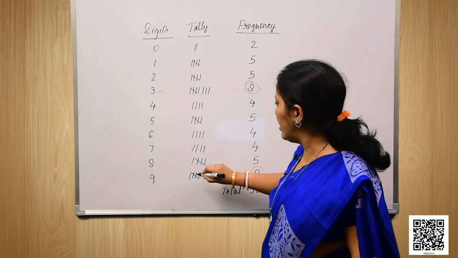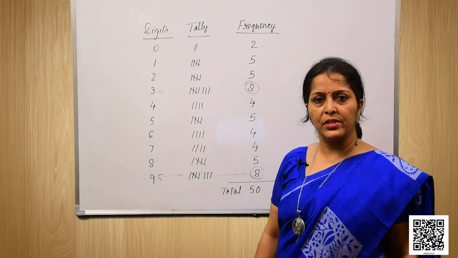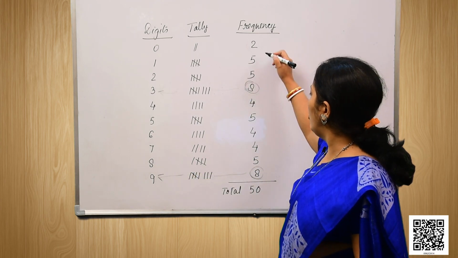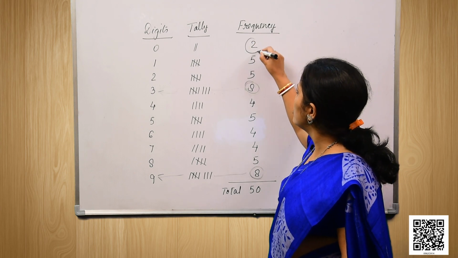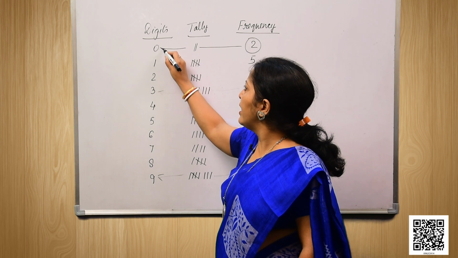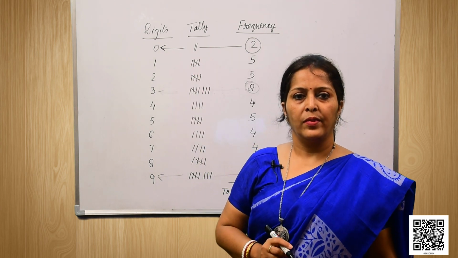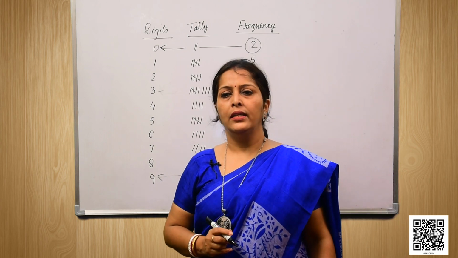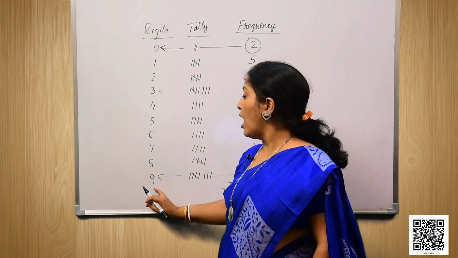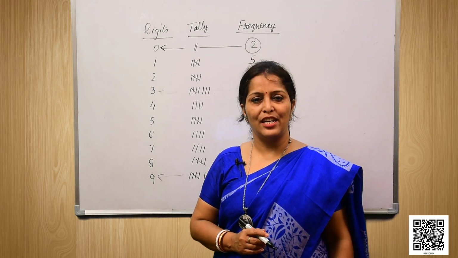Also the number 9 is occurring the maximum number of times. And the least among all of them is the number 2. So we can come to the conclusion that 0 is occurring the least number of times. So we can say that 3 and 9 are occurring most and 0 is occurring least.